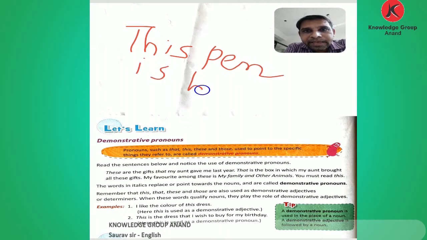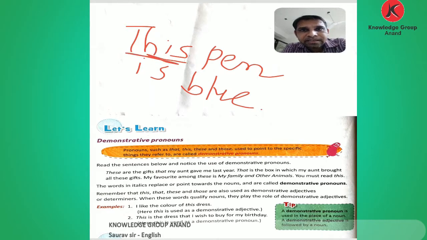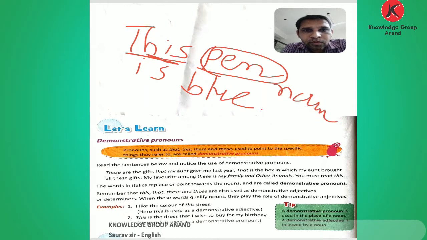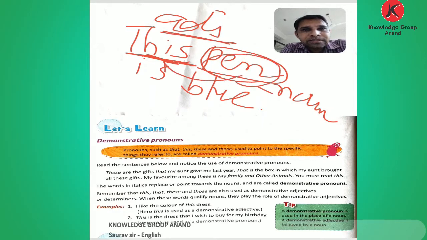One more example I give you. This pen is blue. What is used here? This, and after it comes pen, which is a noun. So this is a demonstrative adjective. Before a noun we use it as a demonstrative adjective.